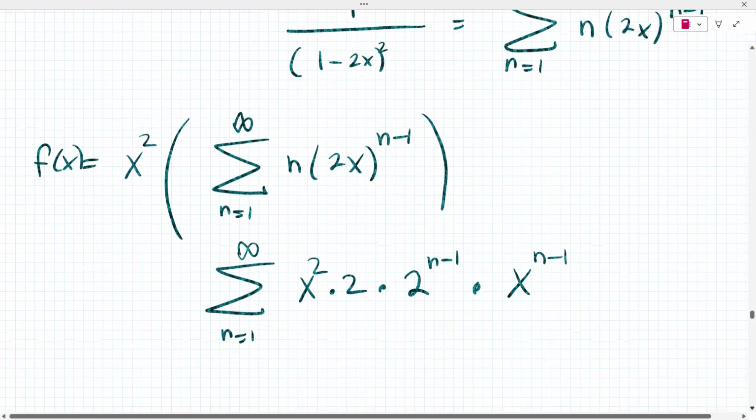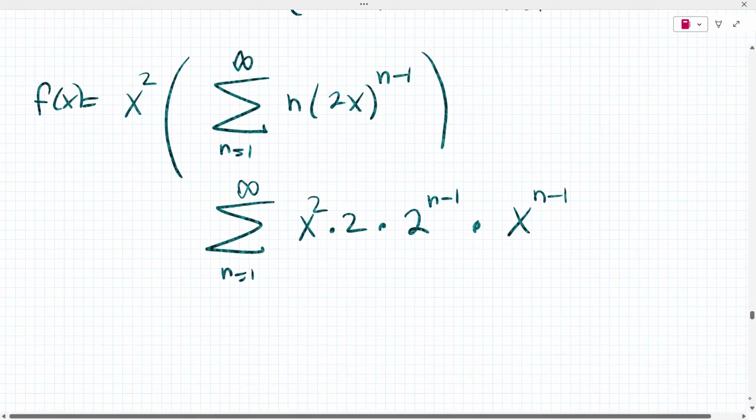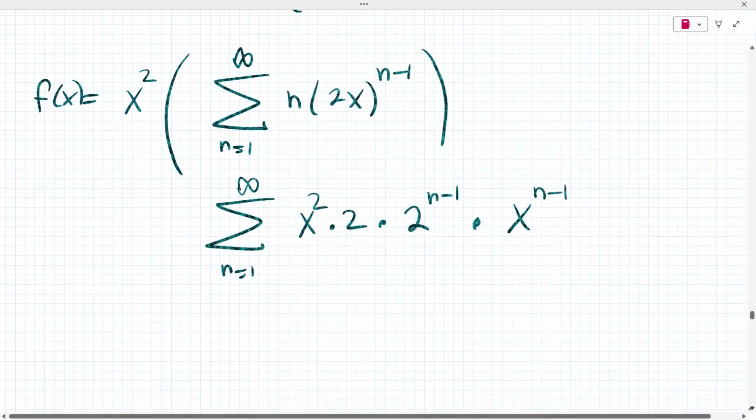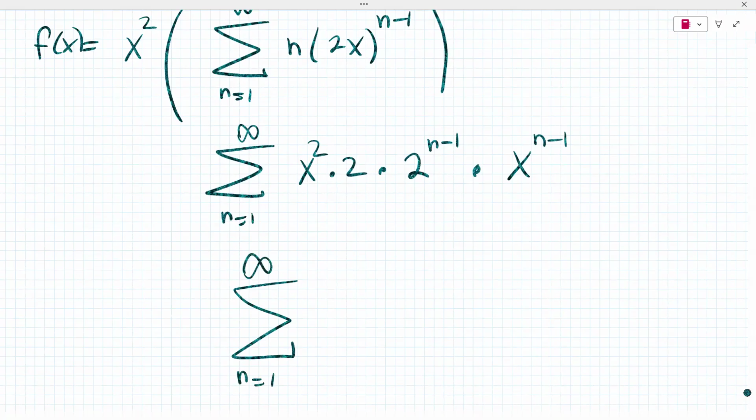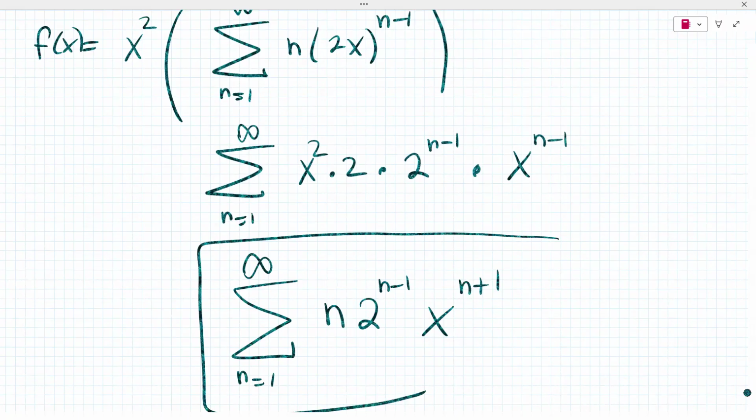Your final answer will be expressed as the summation of n equals 1 to infinity of n times 2 to the n minus 1 times x to the n plus 1. Okay.